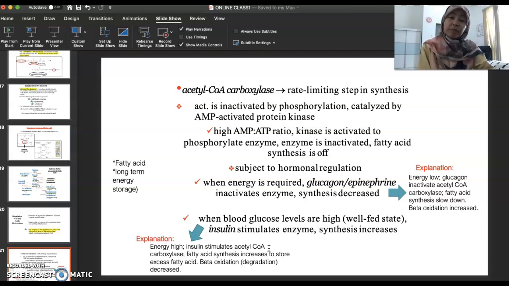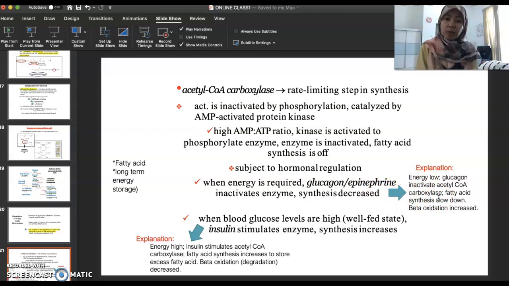What happens in diabetic patient actually? What happens when you have done a vigorous exercise? What happens if you are fasting? You are starving, hungry dan sebagainya. So dia ada relationship dengan hormonal regulation and also bagaimana that will affect the enzyme activity as well.